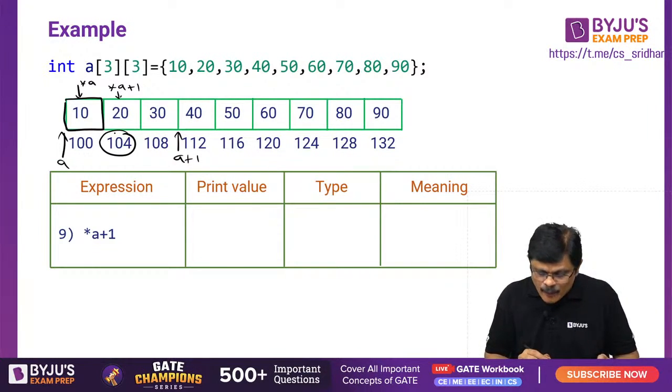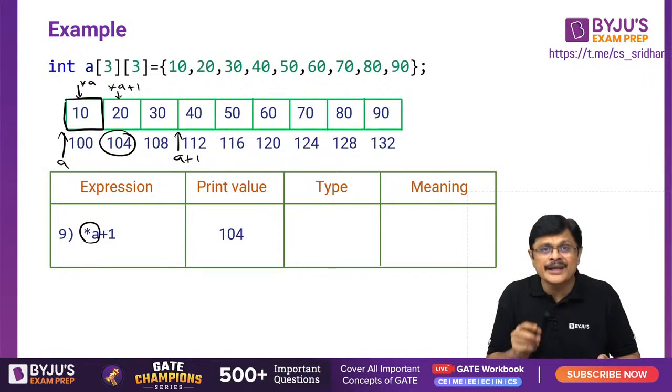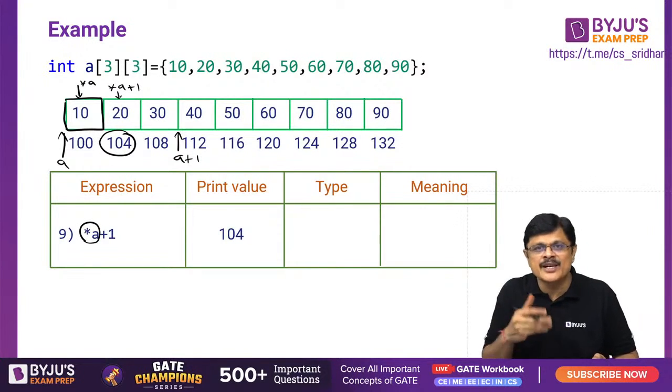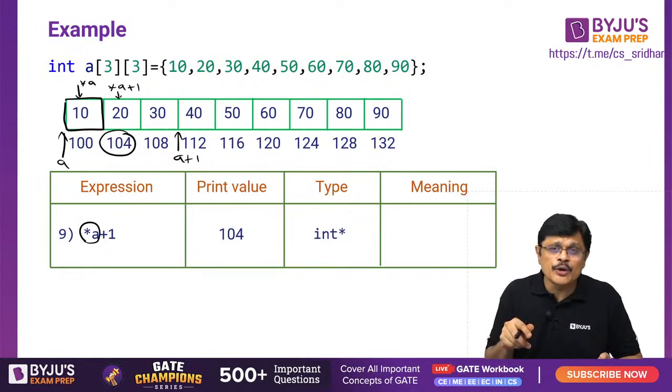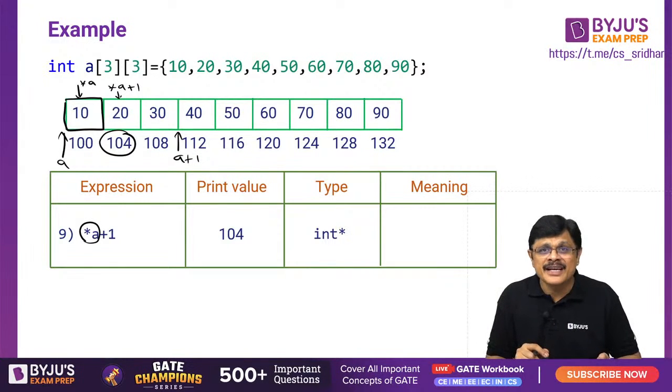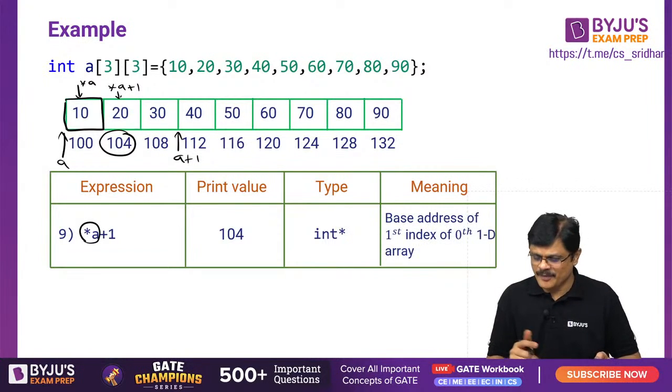It is also a pointer, because star A is a pointer to an integer, and star A plus 1 is also a pointer to an integer. It refers to the first index of the 0th 1D array. 104 is the answer. Super.